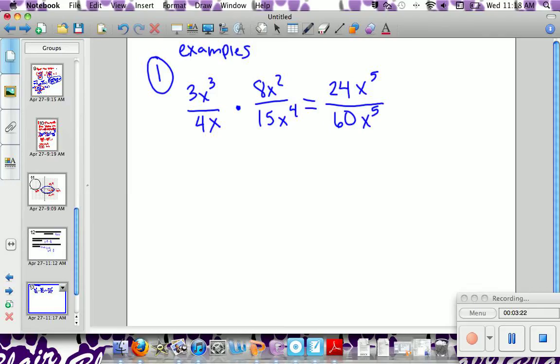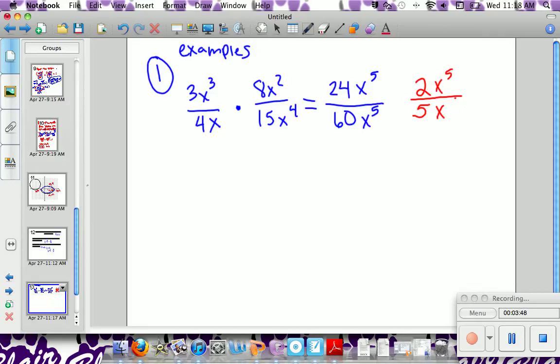First thing I'm going to do is simplify my numbers. 24 and 60 are both divisible by 12. 12 goes into 24 2 times. 12 goes into 60 5 times. So that would be 2/5.